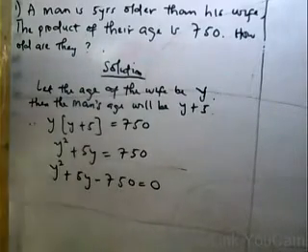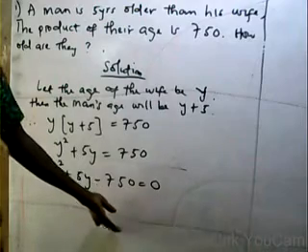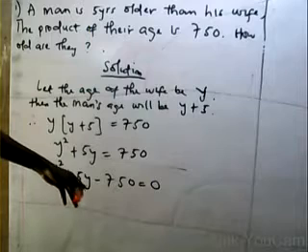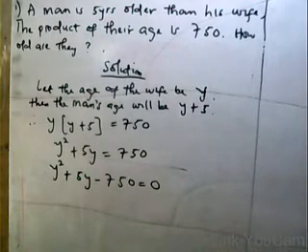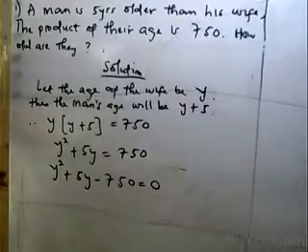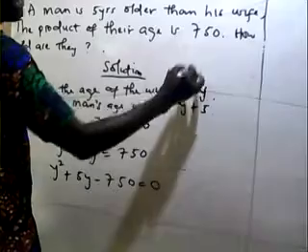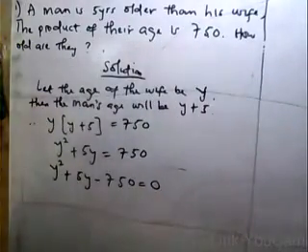From here, I want to use the factorization method. So we are to look for two factors whose sum will give us 5 and whose product will give us minus 750. How do we get these? The product here is 750, and we have 5 here.